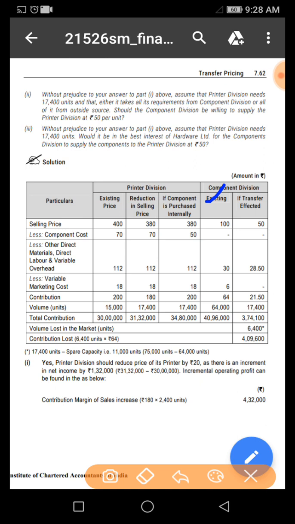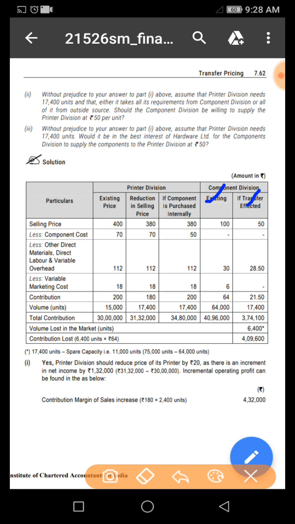If the transfer is affected, they will be transferring these 17,400 units to the printer division, and only the balance they will be able to sell in the outside market. If they transfer 17,400 to the printer division, the contribution they will be able to make is 3,74,100.